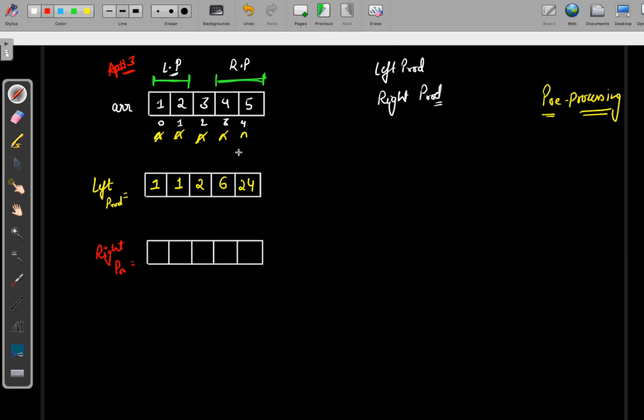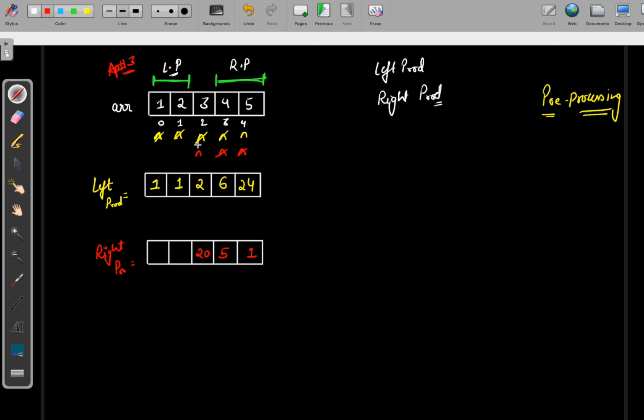For right, I will start from here, because I need to maintain the right. For 5, is there any element on the right side? No element, so can I write it simply as 1? Now for 4, what is the right product? That is 5 only. Now for 3, what is the product on the right side? 4 into 5, that is 20.